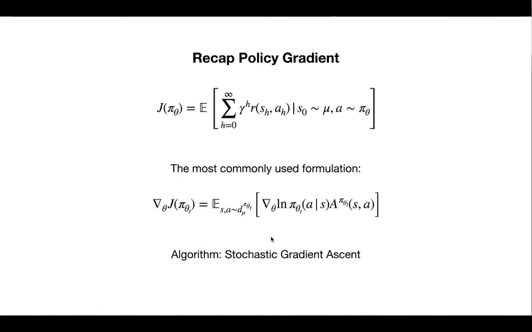The idea behind this formulation is that we want to incrementally adjust our parameter such that at every iteration, the new policy will gradually increase the probability of sampling an action whose advantage is large at this moment, and simultaneously decrease the probability of sampling an action whose advantage is negative at this moment.